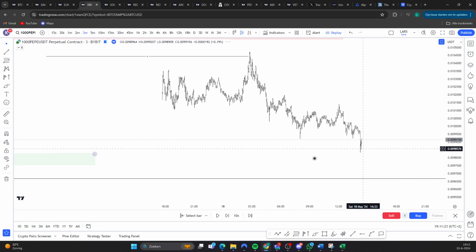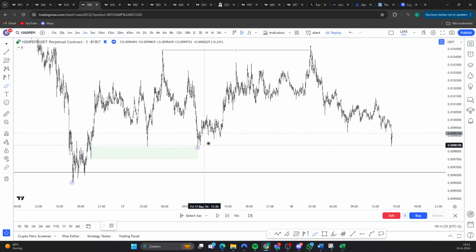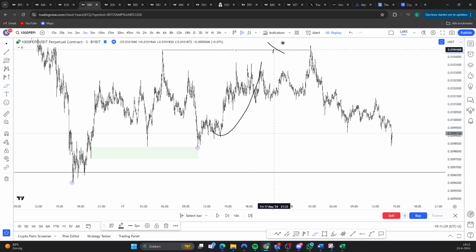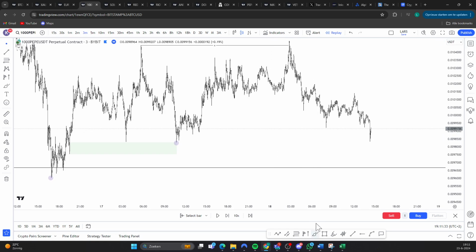But I don't really see any, as said before, the reasoning behind this trade was we tapped on demand and we can go up and tap the target, but now that we're coming back to it, what's going to hold price up?